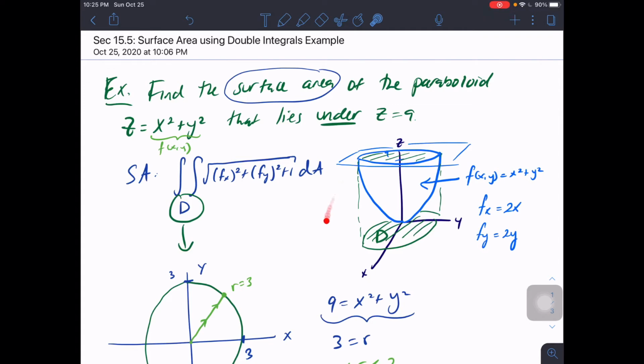So you might have to draw a quick sketch to get an understanding of what is the surface that they're talking about. Realize, hey, this is the equation where z is either isolated, so I already have the function, or I might have to isolate z so that I can find the function for z.